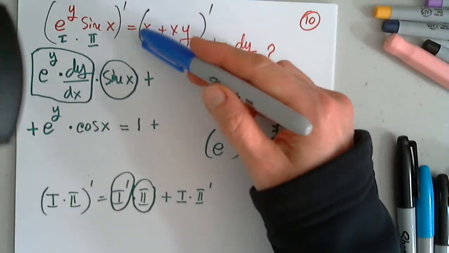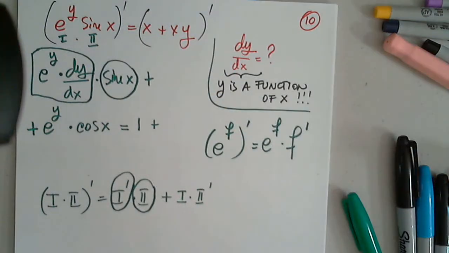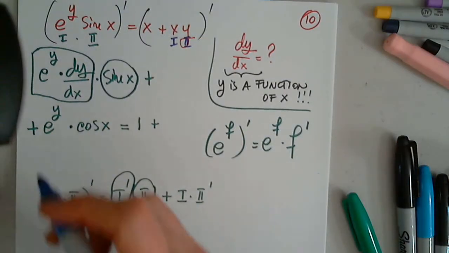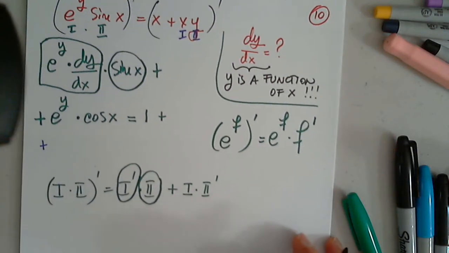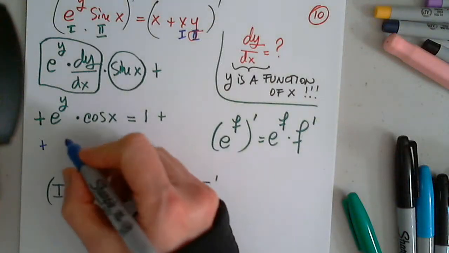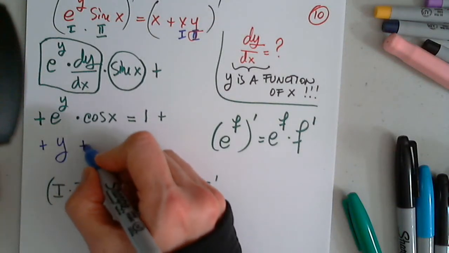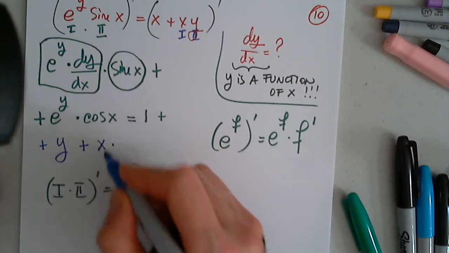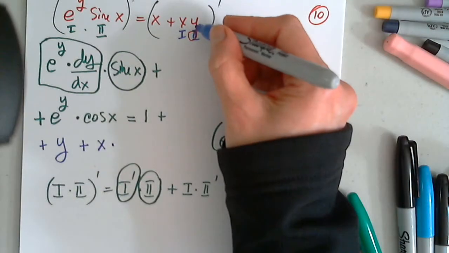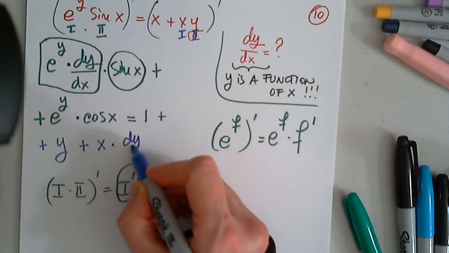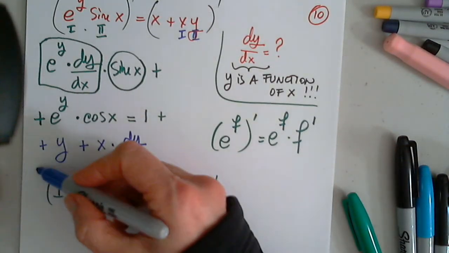It's just x, so x prime is 1. But now here I have to use the product rule again. So plus, the first function prime is 1 times the second function plus the first function times the second function prime. What do I write for the second function prime? dy dx. Excellent.